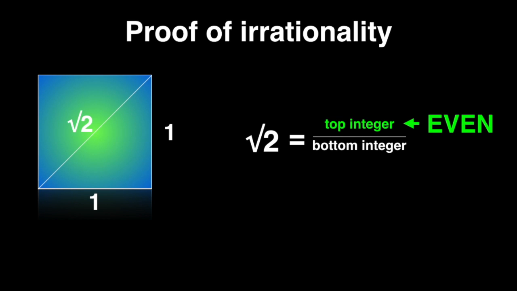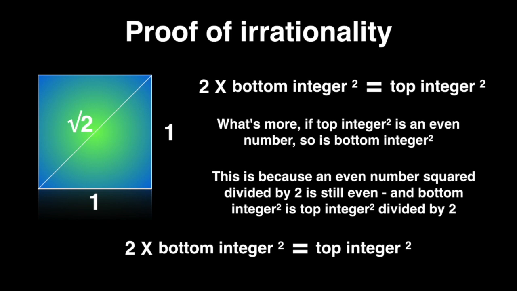So the square root of 2 equals top integer, even. We know it's even. So 2 times bottom integer squared equals top integer squared. What's more, if top integer squared is an even number, so is bottom integer squared.